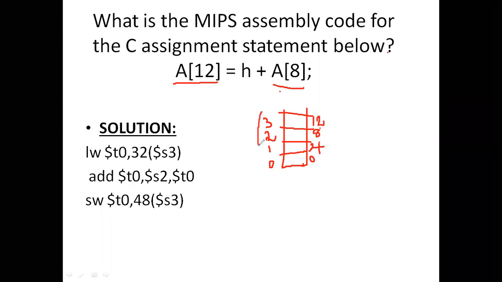While thinking about the logic, it is increased by 1, but physically it is increased by 4. Our processor here is a 32-bit processor, and 32 bits is nothing but 4 bytes.